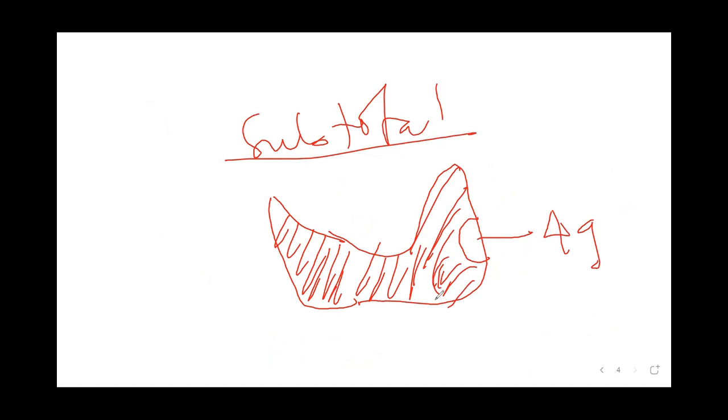This is called Hartley-Dunhill's procedure. It's also a subtotal thyroidectomy. You preserve only 4 grams of tissue on only one lobe.